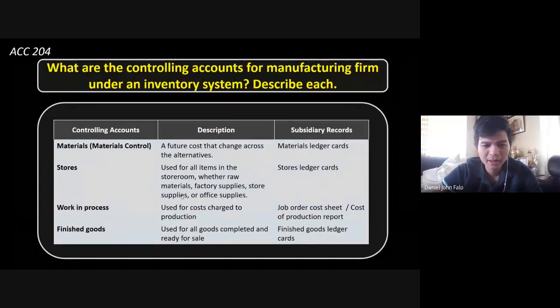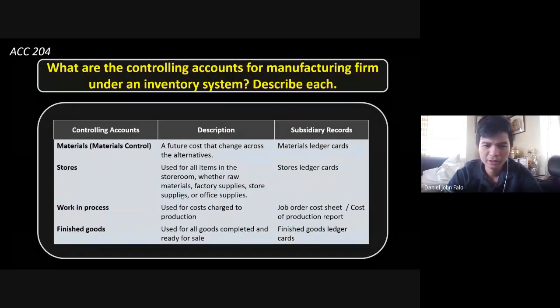Work in process are those manufacturing costs that are being used in production. Finished goods are those work in process that have been already completed and ready for sale. So, kunyari, nag-acquire tayo ng raw materials. So, papasok siya dun sa ating materials ledger cards. After that, i-imbak natin siya sa storeroom.